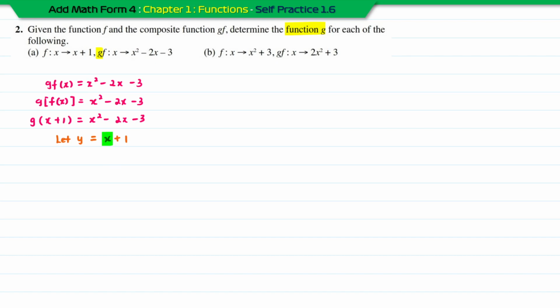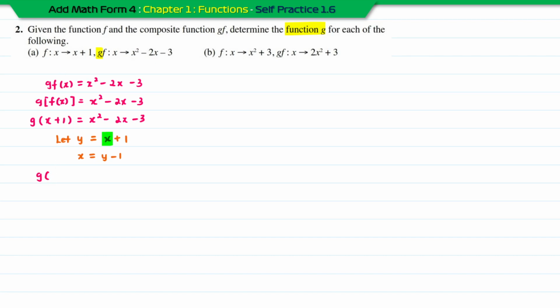So x equals, we move this positive 1 to the other side, so it becomes y minus 1. So x equals y minus 1 is the inverse function of f. When we substitute this into the composite function gf, it cancels out the function f, and what we have next is the function g. So let us continue.